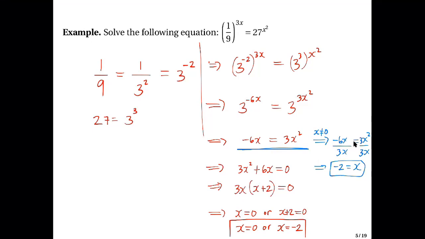But the question is, after doing this, what about the case when x equals 0? Of course, when x equals 0, this equation will still be true. 0 equals 0. Then you have the validity of the equation when x equals 0.